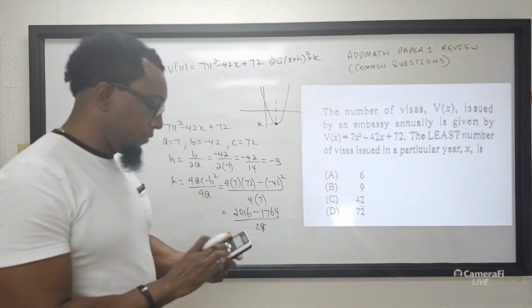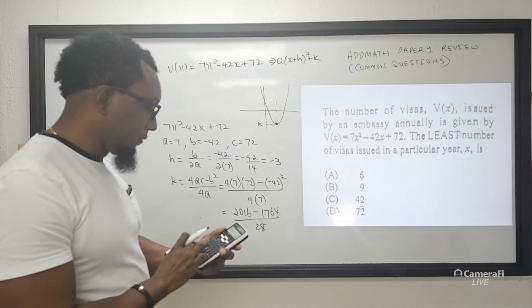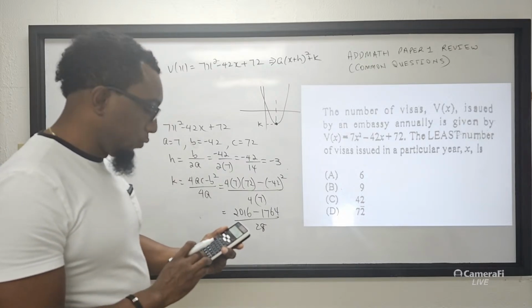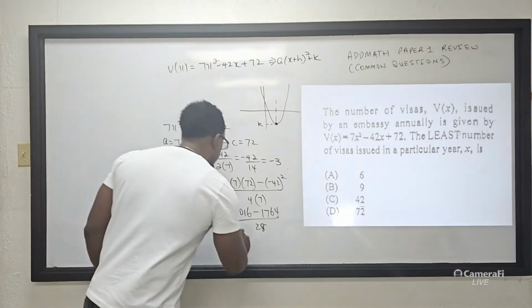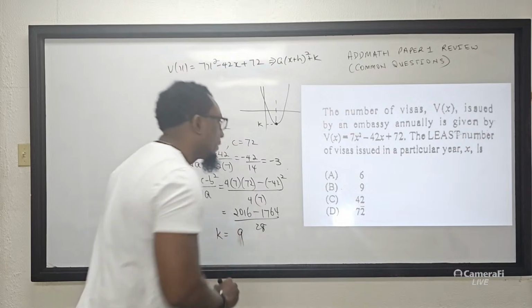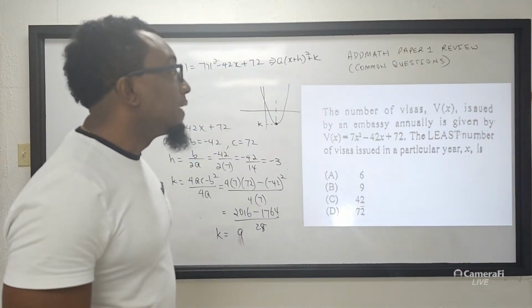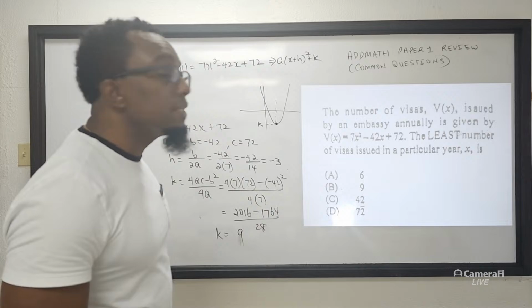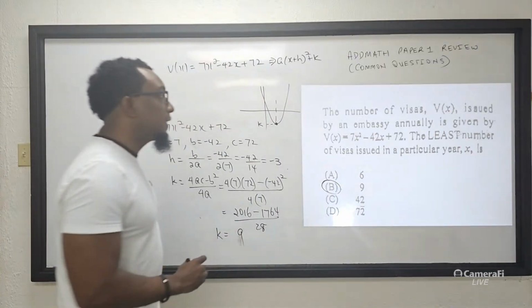So 2016 subtract 1764 gives me 252 divided by 28 gives me 9. So k is equal to 9. And if k is equal to 9, then it means that that will be the least number of visas issued. That's k. So the answer here is B, which is 9.